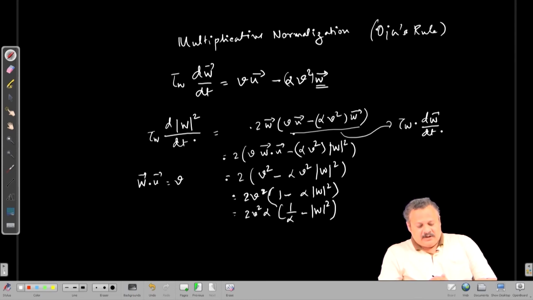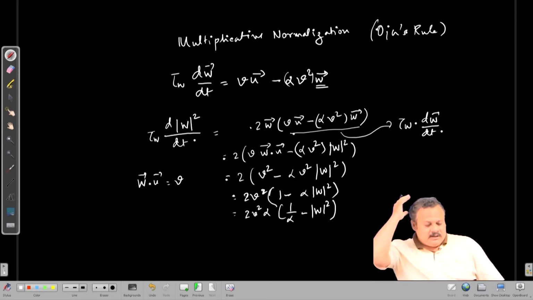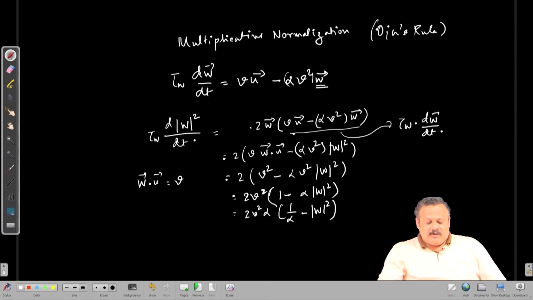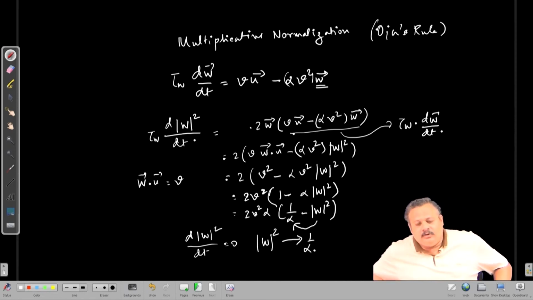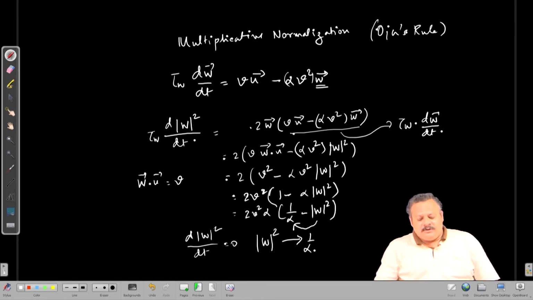In steady state, when there will be no change, it will always relax to 1 by alpha, because ultimately when the system stops, that is when we reach no change in weights, the norm of dw dt being 0, our w norm will approach 1 over alpha. And so, essentially that introduces a constraint on the length of the vector.